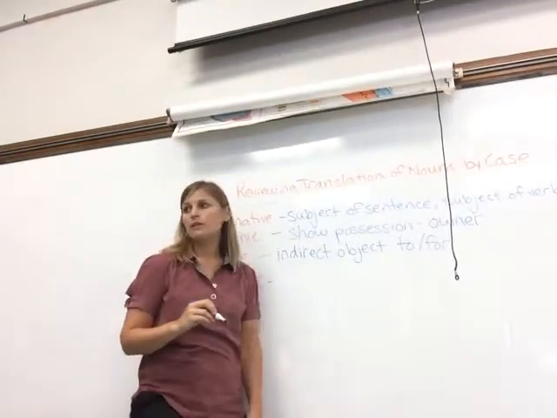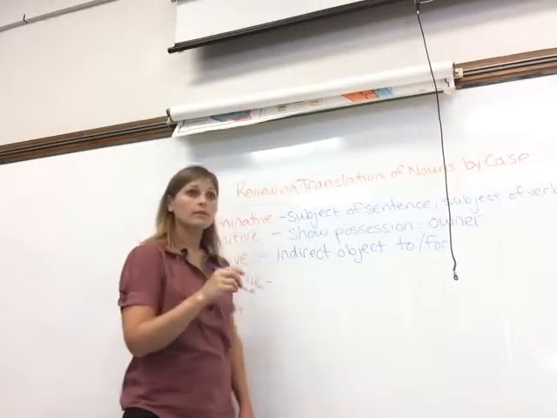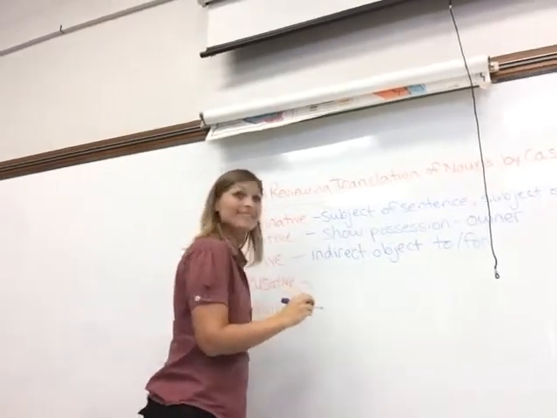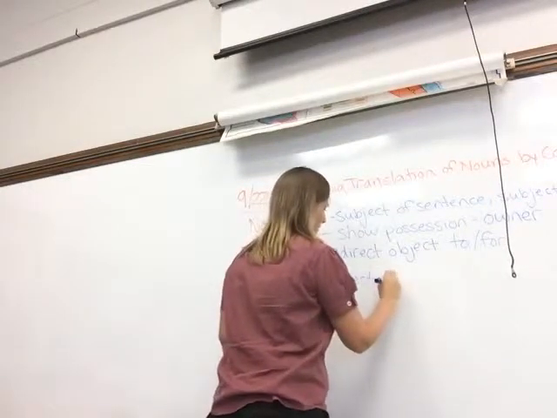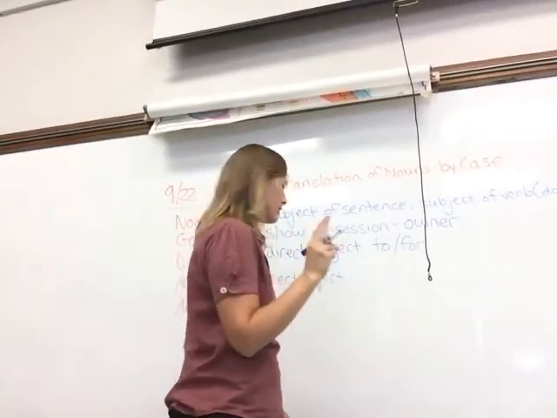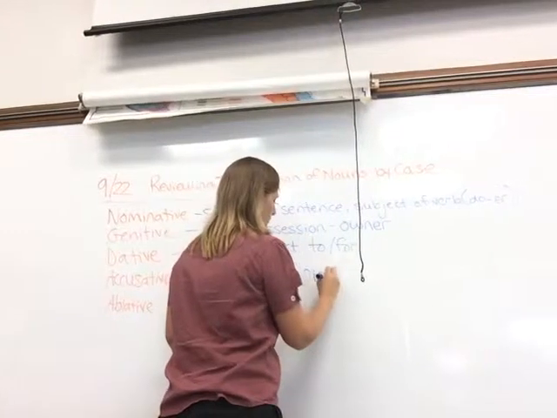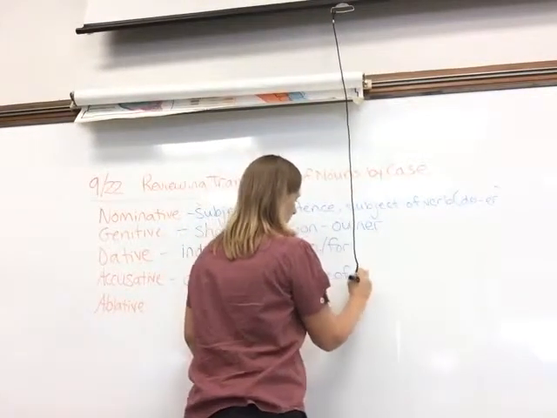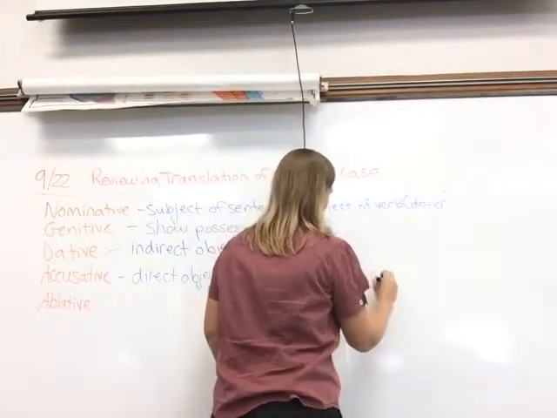Okay, what about the accusative case? What role does the accusative case have for us? The direct object. Excellent. Now this can mean two things for us within a sentence. It could be the object of a verb, or it could be the object of a preposition.